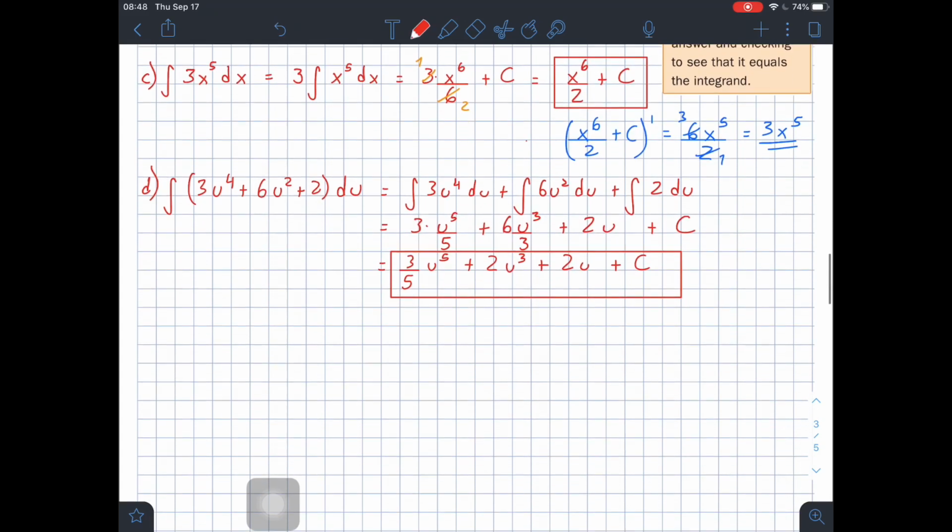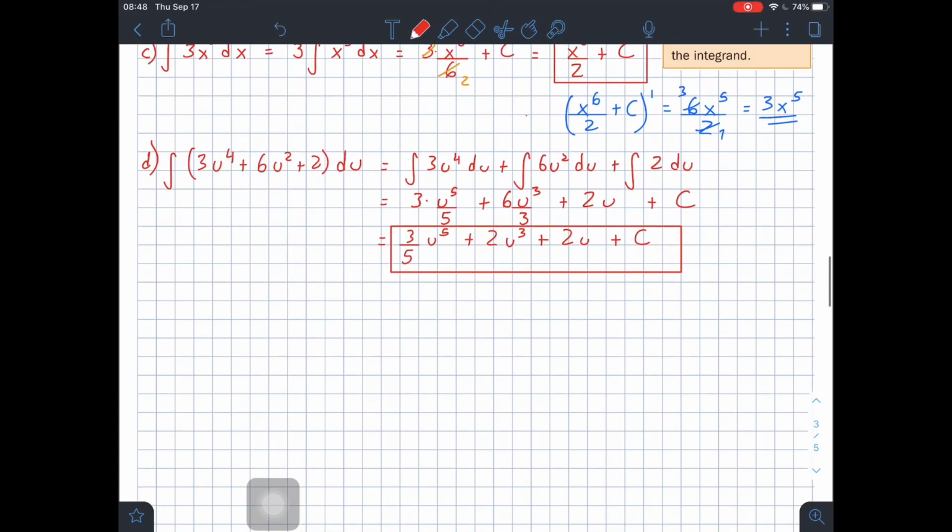As always, you can try to see if this is correct. So we're going to do that right here. We're going to find the derivative of the whole expression. 3 over 5 u fifth plus 2u cubed plus 2u plus c. We're going to find the derivative of all of this.